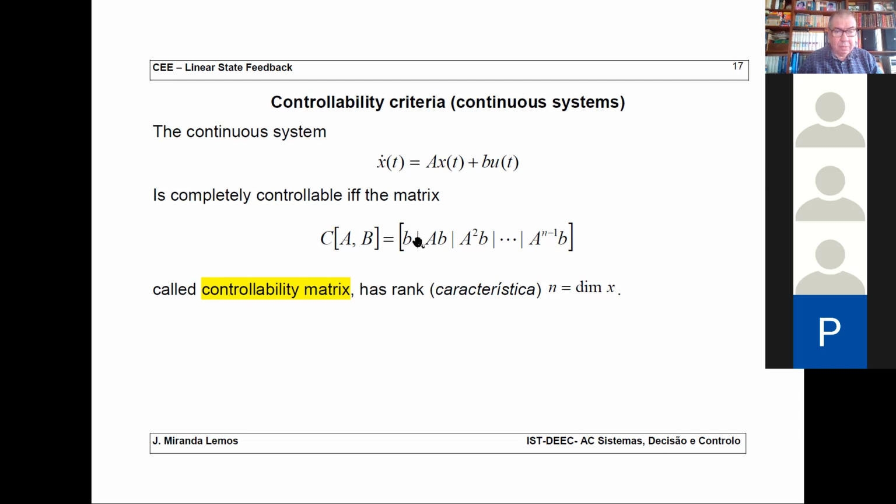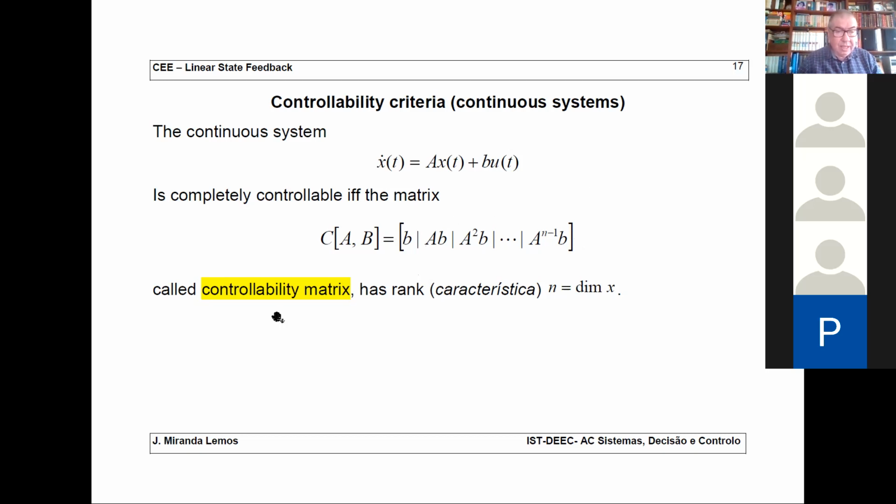So this is square because the length of each of these columns is N. You have N elements in B, N elements in AB, and so on. And you start at A^0 and you end at A^(N-1), so you have N columns. So this is N by N.